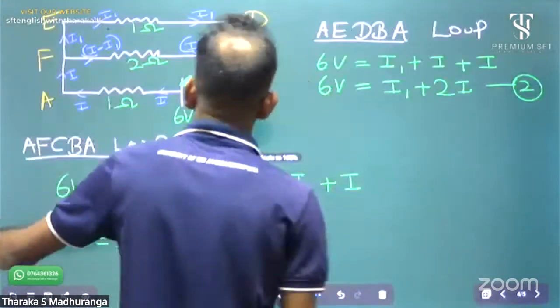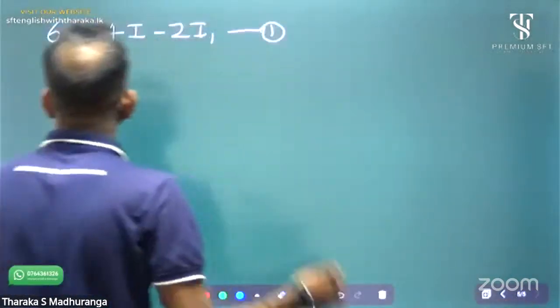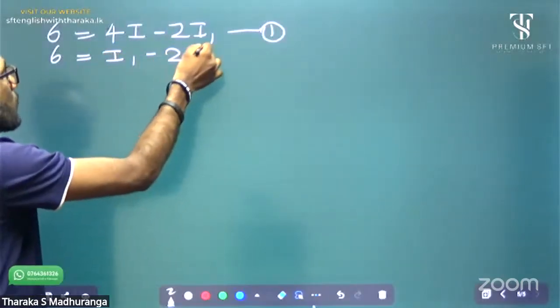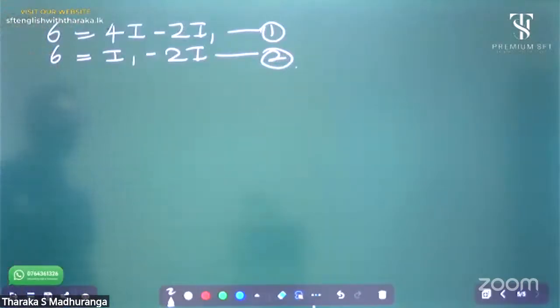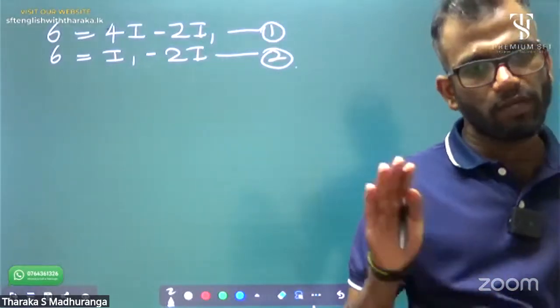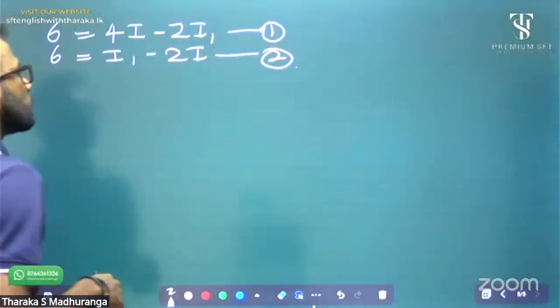My second equation, 6 equal I1 minus 2I. Now I have two equations. What is my target? I want to calculate the I value and the I1 value.